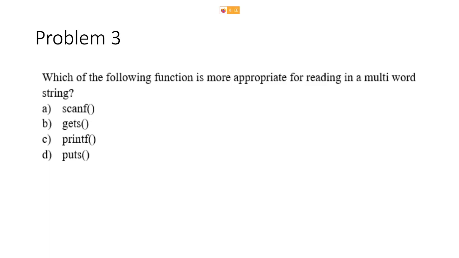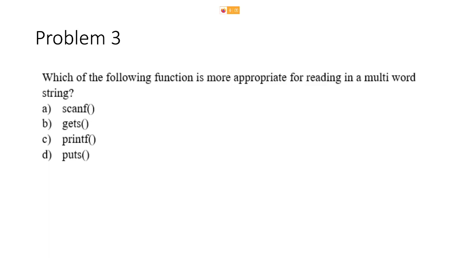What is a full word? For example, Mahatma Gandhiji is considered a string, S1 is equal to Mahatma Gandhiji. If I use the gets function, it will print Mahatma Gandhiji. On the other hand, scanf prints only Mahatma.